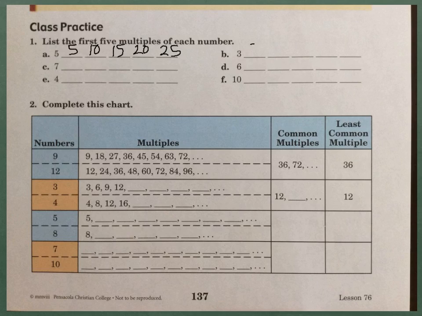Well, 3 first, 6, 9, 12, 15. For C, we'd have the multiples for 7. The first one would be 7, then 14, 21, 28, and 35.